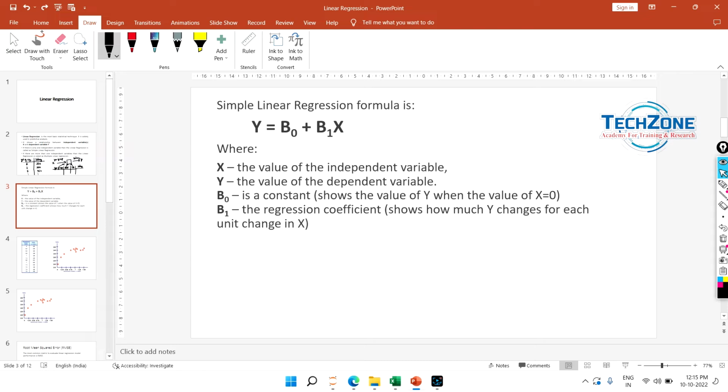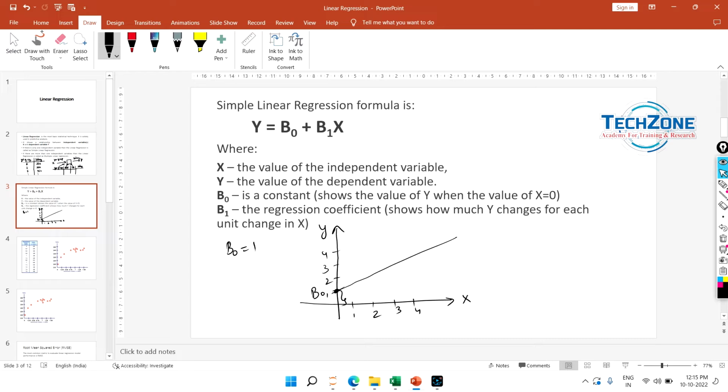It shows how much y changes for each unit change in x. I'll explain. Let us say this is the x-axis, and this is the y-axis. This is 1, 2, 3, 4, and here we have 1, 2, 3, 4, and so on. And we have a straight line like this. So what is this now? This is b0. In our case, b0 is 1.